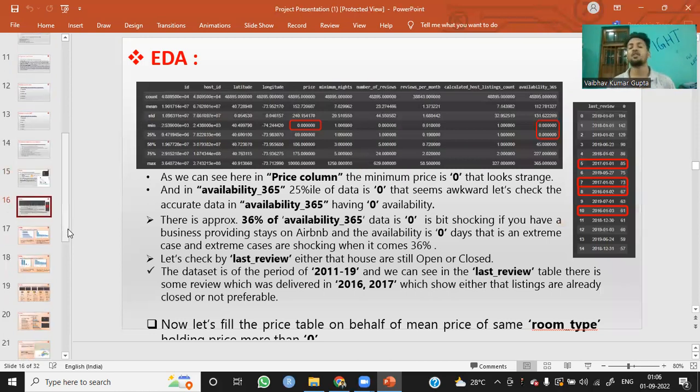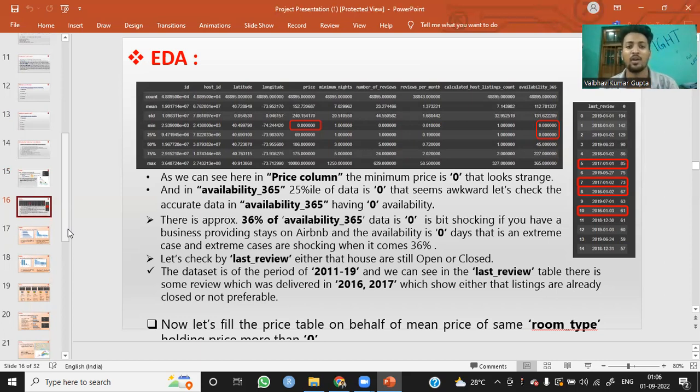The next step that we followed is describing our numerical columns. As we can see, the price column has a minimum price of 0, which looks very strange, because which owner would want a price of 0 for renting his apartment? It was pretty shocking.